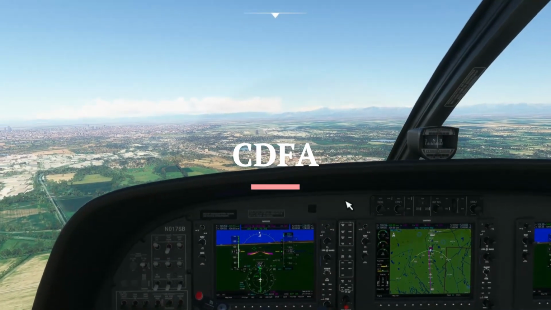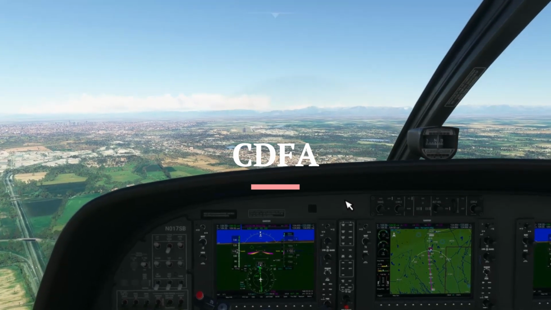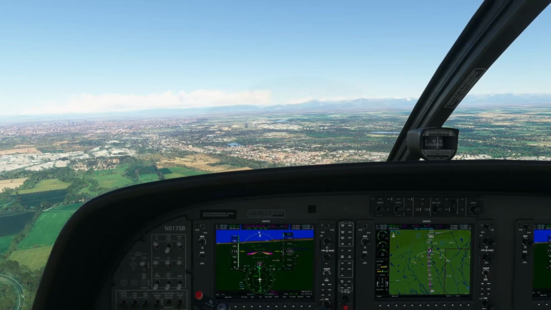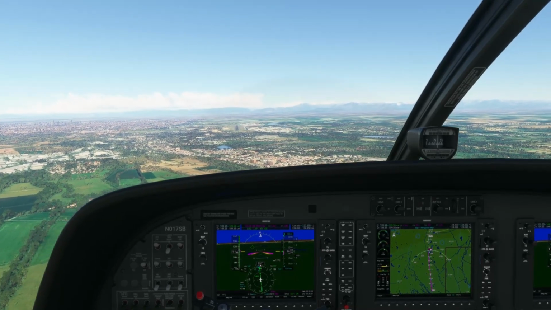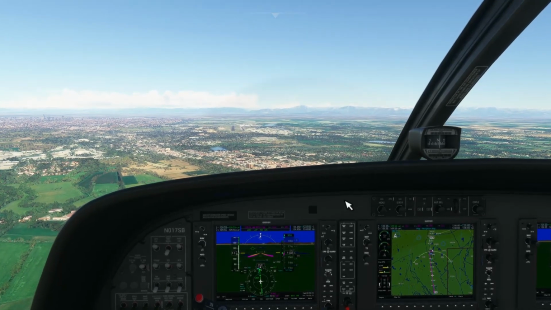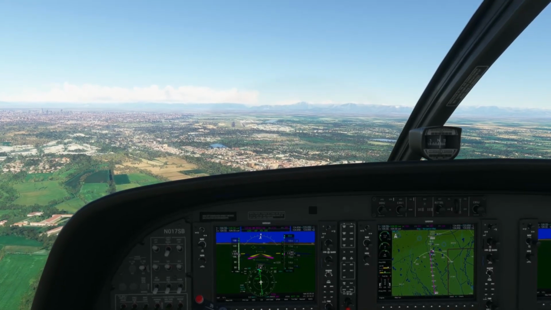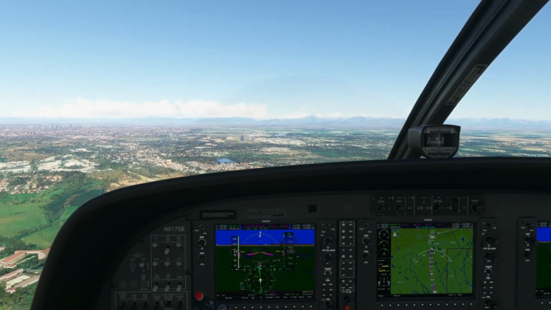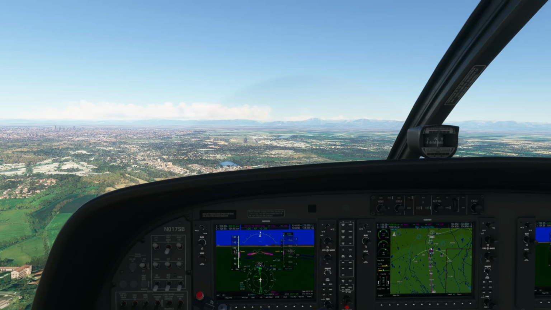It first tells you the descent angle at which you need to be descending, and if it's a precision approach, the glide slope, and then there's a table of the descent speed with the feet per minute, the vertical speed.